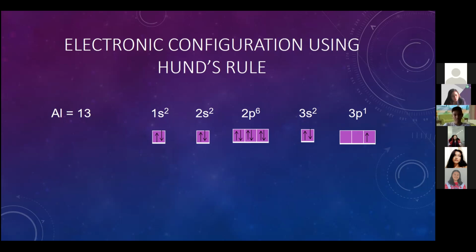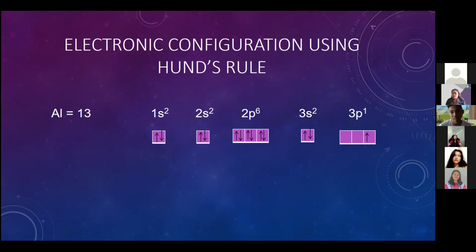We know that 1s has 1 orbital, so 2 electrons are filled in opposite directions. 2s has 1 orbital also, so 2 electrons are filled in opposite directions also. 2p has 3 orbitals. According to Hund's rule, the 3 orbitals are singly filled in one direction.